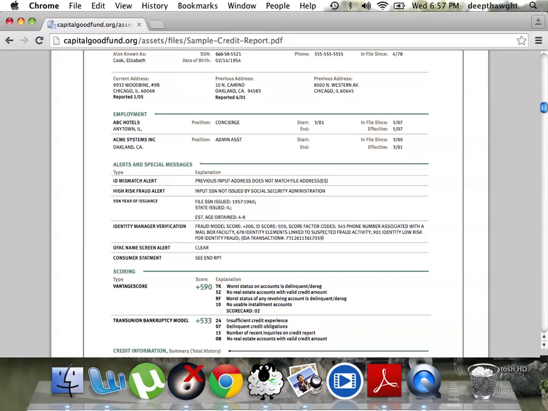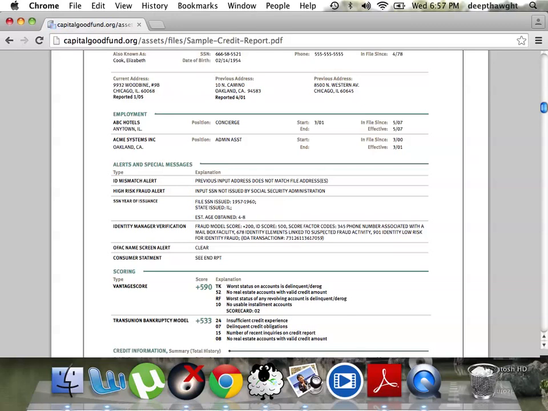And 678 is identity elements linked to suspected fraudulent activity. So they have an alert on this credit report of suspected fraudulent activity. Make a note of that. Anything on this credit report can be disputed, and I encourage you to dispute anything that doesn't belong to you.